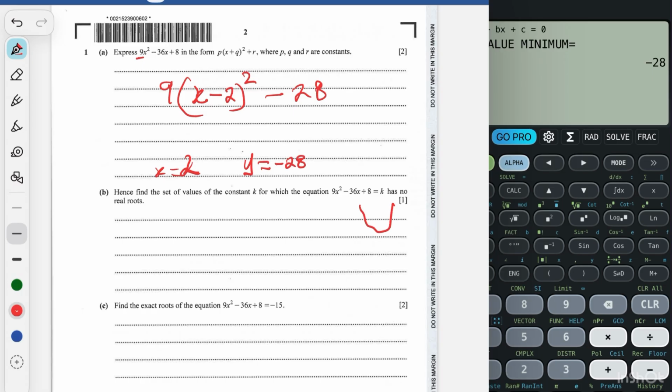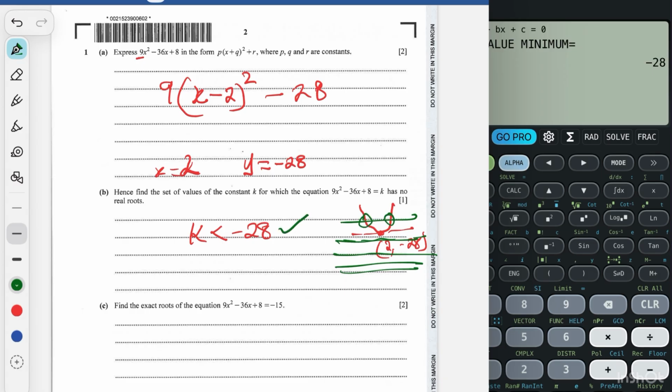So we have this curve. This minimum point is 2 and minus 28. They are telling me if I have a line here, it will have one solution. So k has to be less than minus 28, because once it is greater than that it will have two solutions.